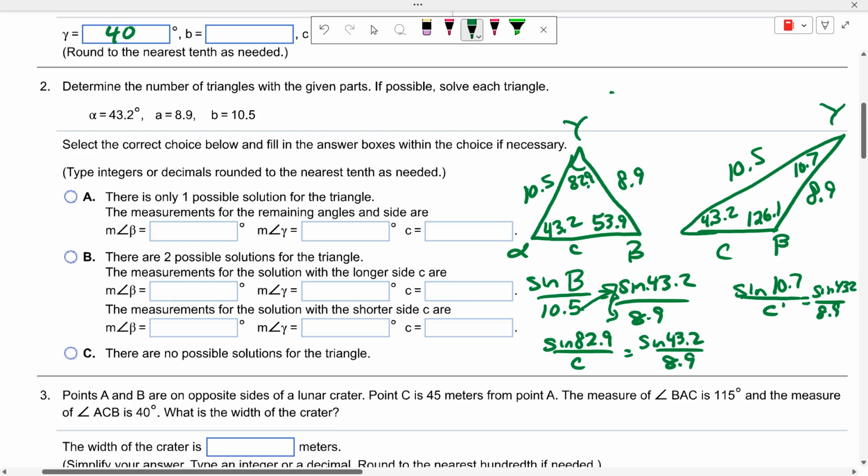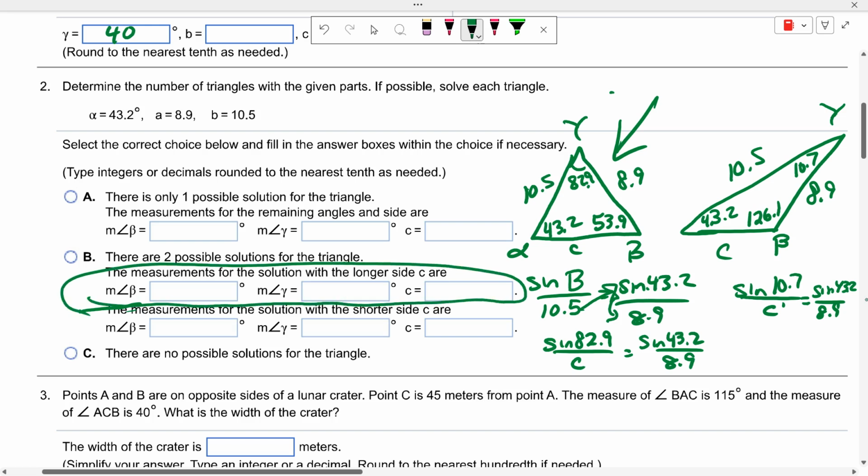Use what we're given. So this triangle here goes in this line right here. So angle beta is 53.9. Gamma is 82.9. And C is whatever you get when you do law of sines. Here, beta is 126.1, gamma is 10.7, and C is whatever you get when you do law of sines. Okay?